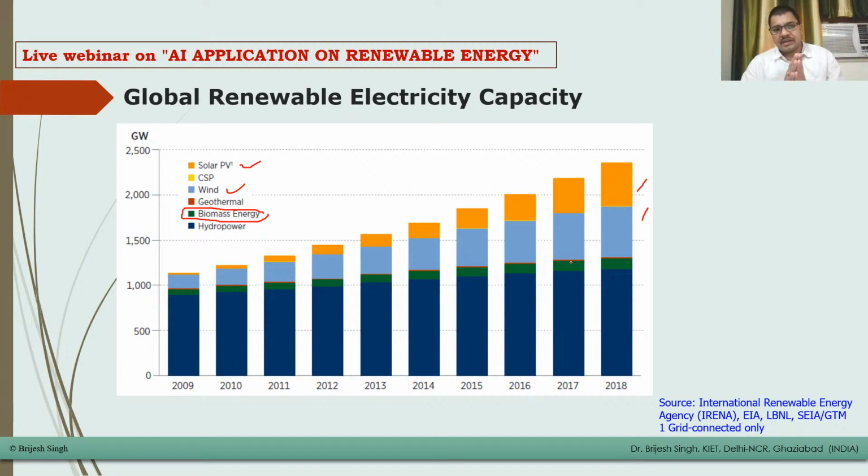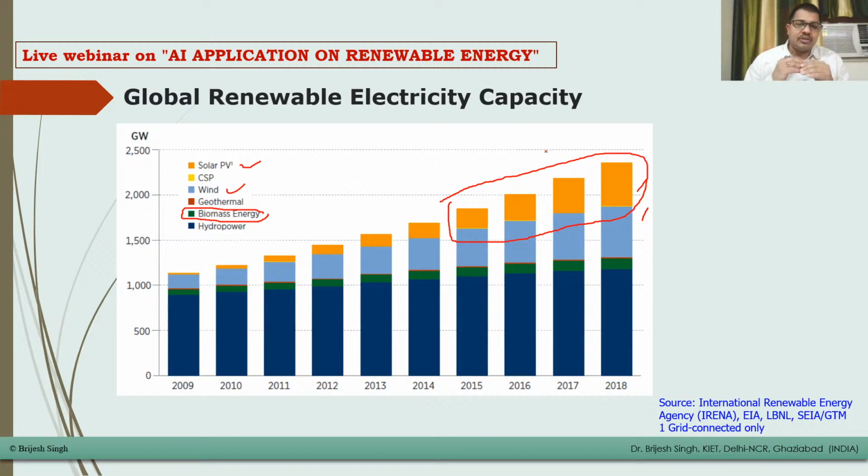Most countries are interested in going with solar PV systems or wind power plants. After the year 2000, the increment in wind was larger, but after 2015, the installation of PV plants increased.